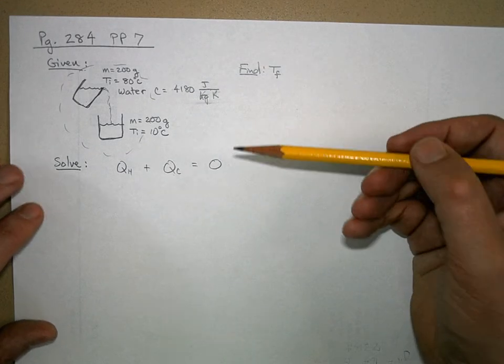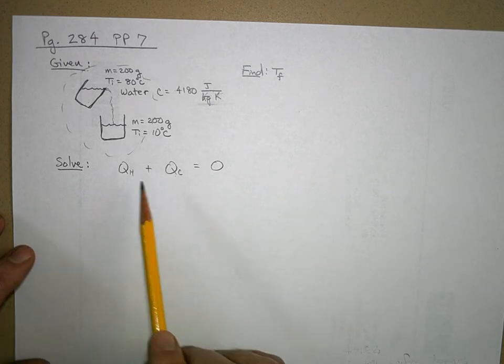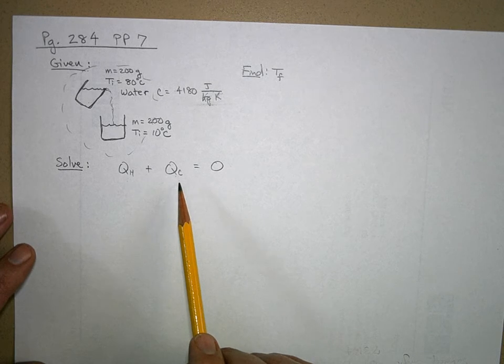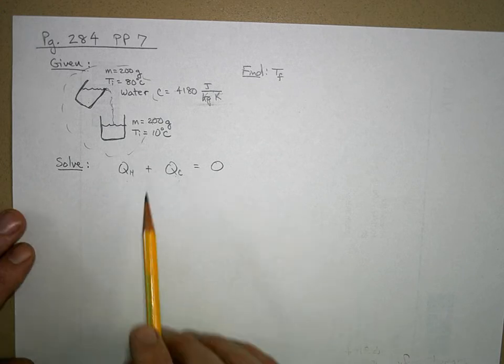Because the problem said that there's no overall heat lost or gained to the surroundings, which means that while the hot water is going to lose heat, the cold water is going to gain heat. Overall, there's no gain or loss of thermal energy in this system. So thermal energy will be conserved in this problem, so there's no net change.